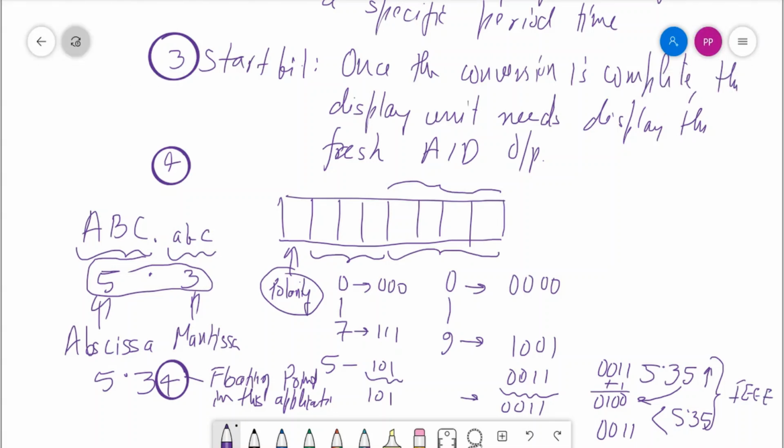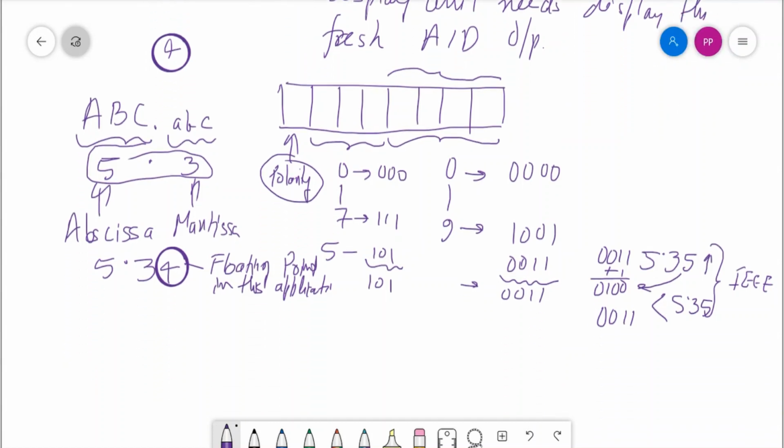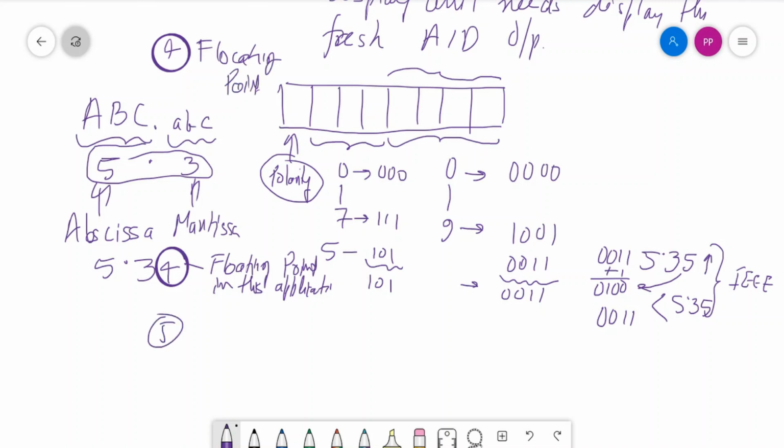So next, this fourth one is the floating point, and the next, fifth, is the polarity information.